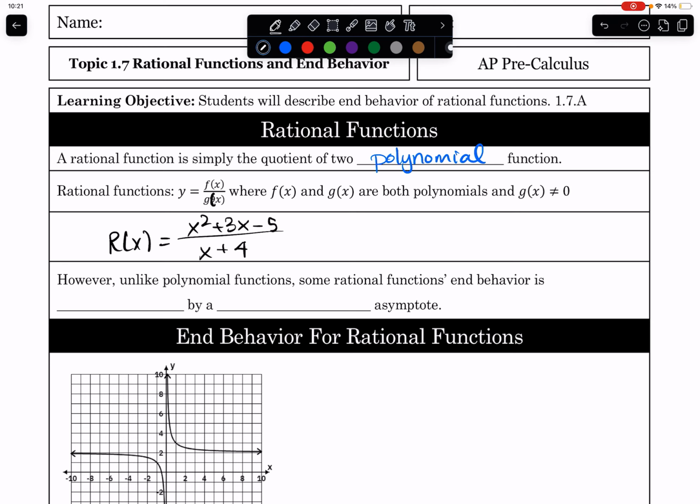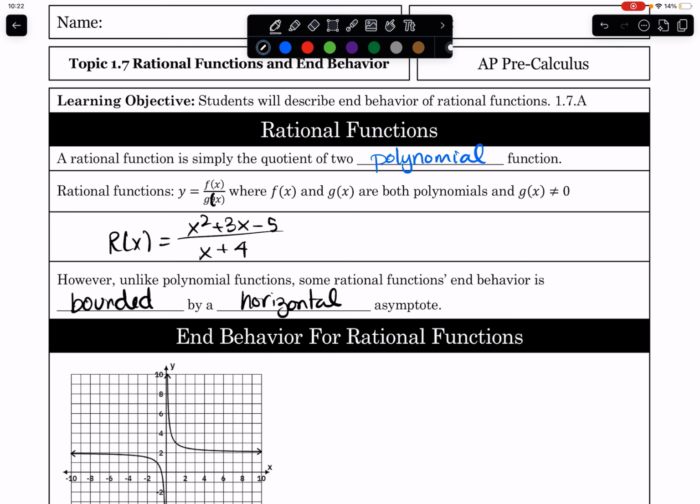Now, some rational functions' end behavior is bounded by a horizontal asymptote. Bounded again means a boundary. So some of these rational functions have a boundary line that the graph becomes kind of parallel to.